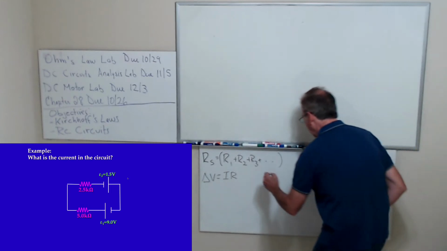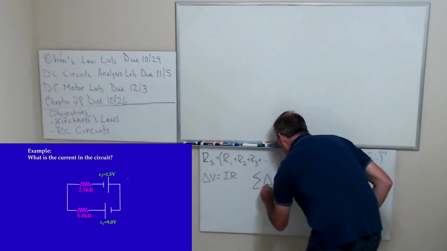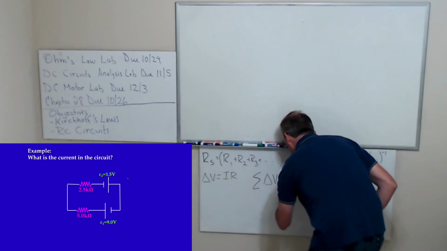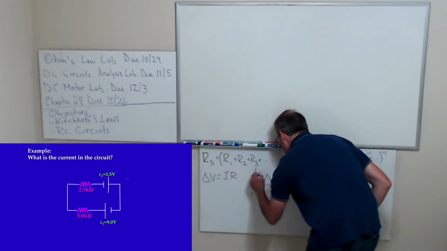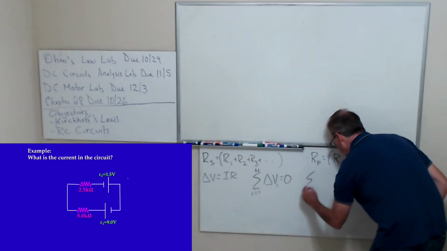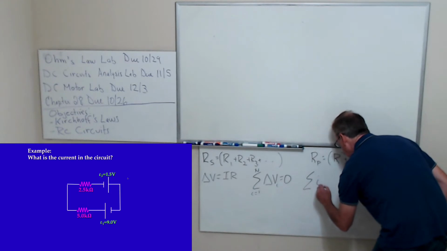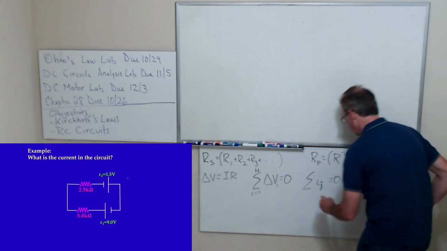We also talked about the fact that the sum of the voltage drops across any loop is 0. And the sum of the currents entering or leaving a node is equal to 0.